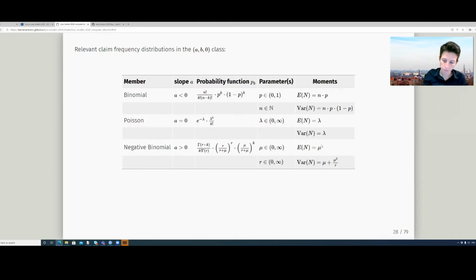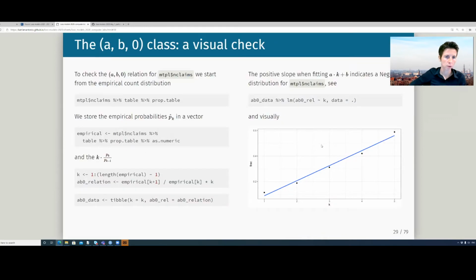So now we're going to go to the data and look a little at this relation.